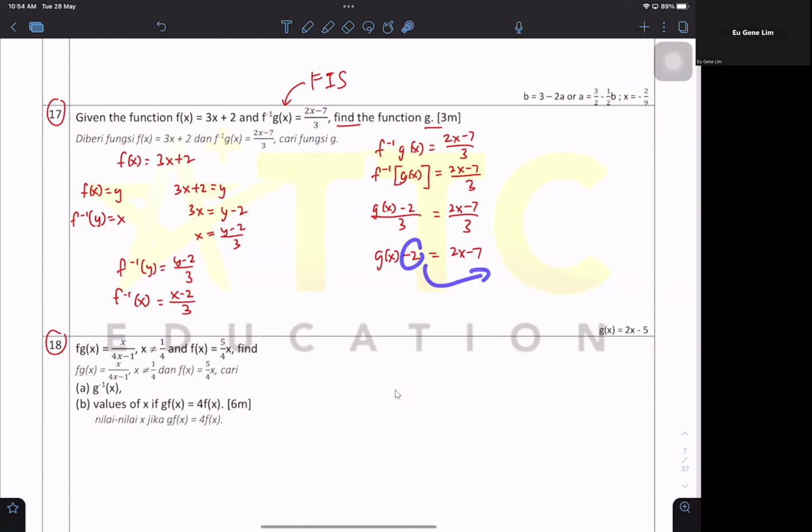Minus 2 bring over plus 2. So GX equals 2x minus 7 plus 2, which is 2x minus 5. That's the answer. You found the GX. So that is how you do fees, how you do find inside. Understand?